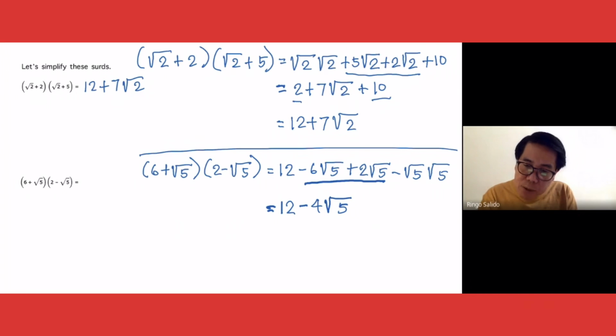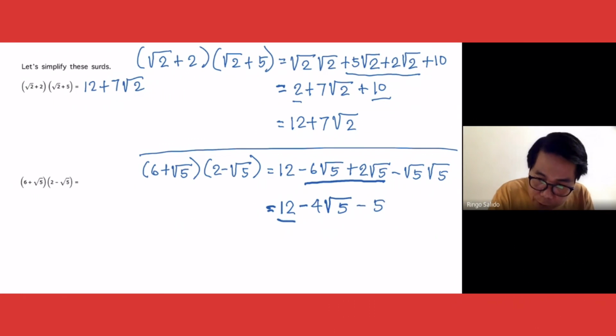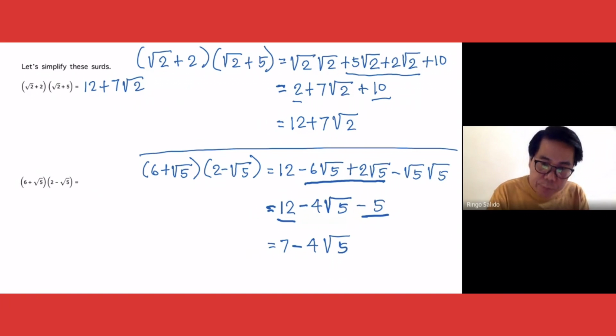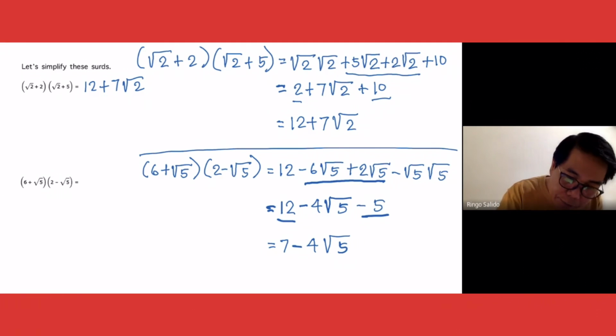Root of 5 squared will give us 5, and then negative. Then combine 12 and negative 5 will give us 7 minus 4 root of 5. So our answer here is 7 minus 4 root of 5.